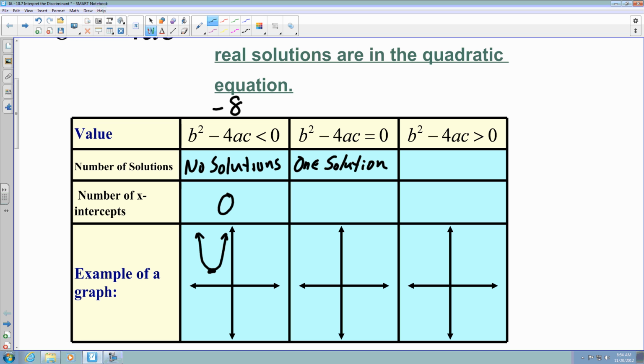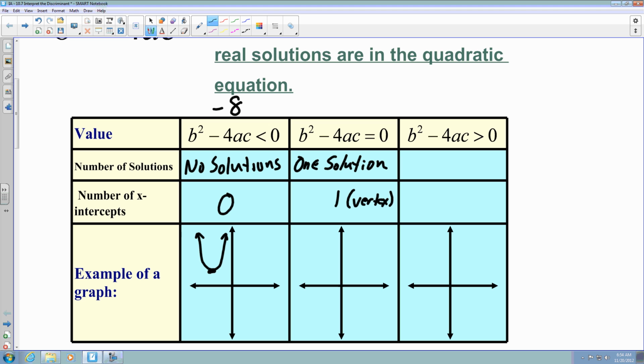And if we're only given one solution, that means there's going to be only one x-intercept. And from what we learned in previous sections here in chapter 10, if we only have one x-intercept, that means that our x-intercept is also the vertex. So I'm just going to write down here vertex.